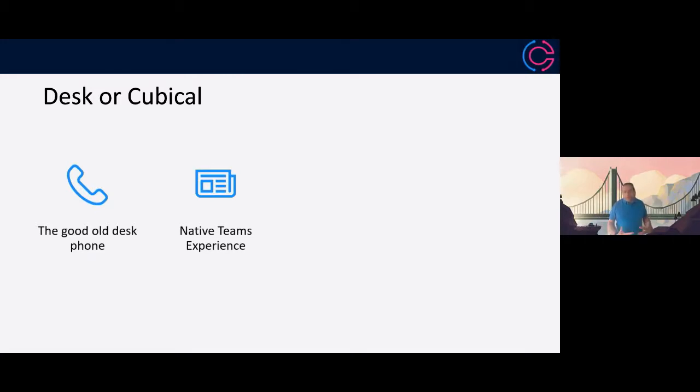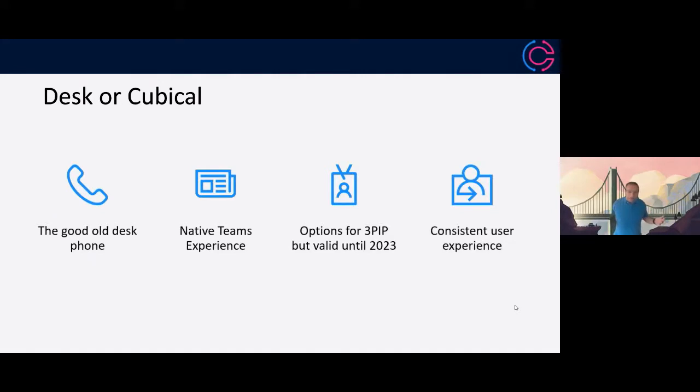All the vendors that make the Teams certified devices follow the same sort of Android app that's on these devices. If you've got existing devices, there's third-party integration, but that will fade out at some time. So at some point, you're going to need to move to a native Teams phone. That again goes back to having a consistent user experience.